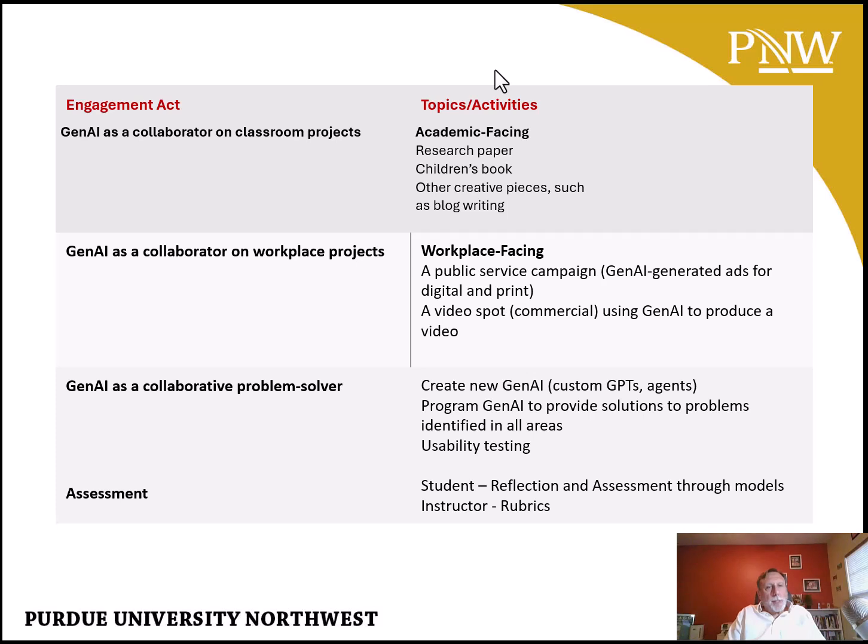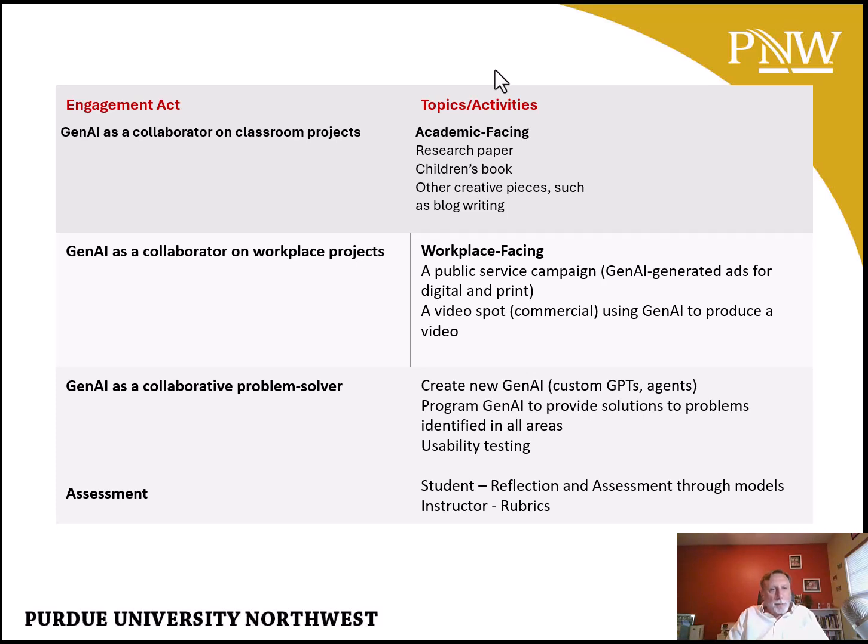What I'd like to do now is to focus on the second half of my collaborative model. And here I'm going to highlight some of the projects that students do. I'm going to focus on classroom projects, and you can see listed there some examples. I'll talk about a simulation of a workplace project that students do to generate a public service campaign.